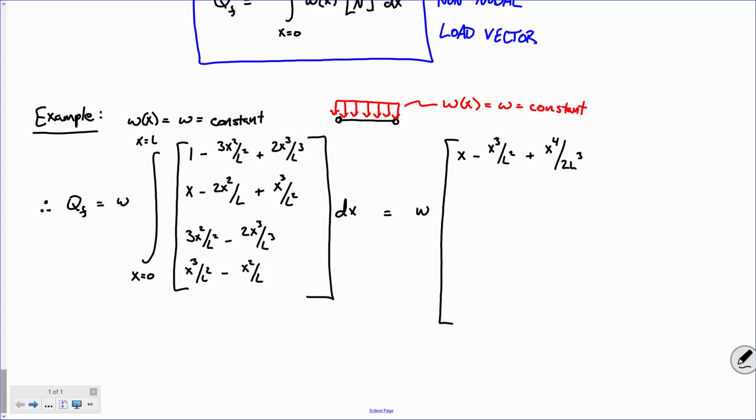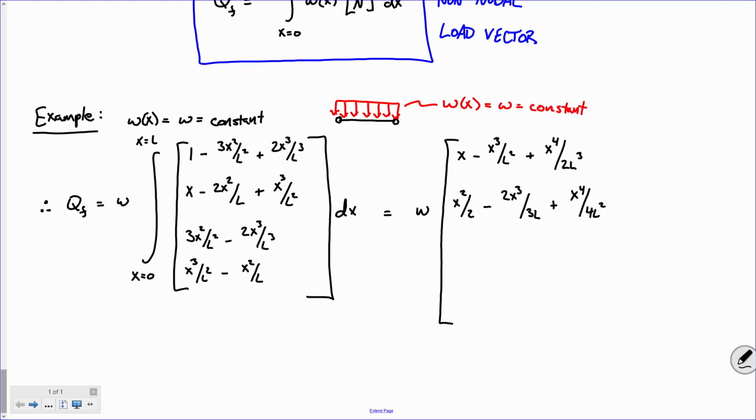All right. Next row, what do we have? We have x squared over 2. We have minus, what is that? 2x squared, so 2x cubed over 3L plus, what is that? x to the 4th over 4, so x to the 4th over 4L squared, right?